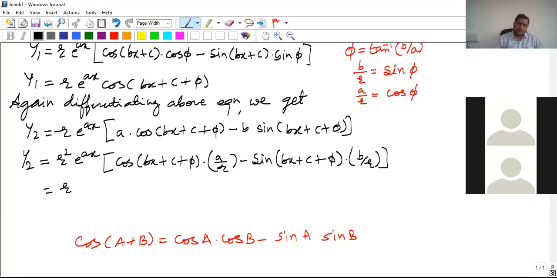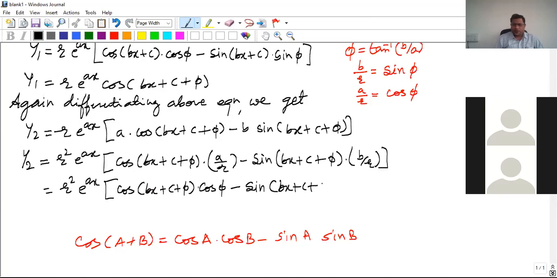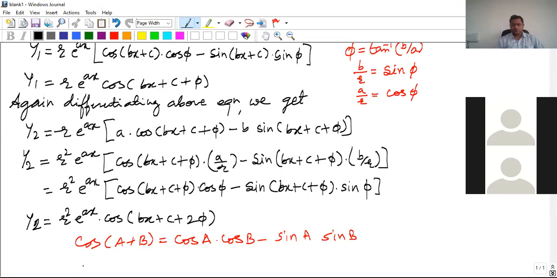So we can have this as r square e raised to ax, this is cos of bx plus c plus phi, and this is cos of phi minus sine of bx plus c plus phi, and this is sine of phi. So can we write this y2 as r square e raised to ax cos of bx plus c plus 2 phi? Yes, sir.